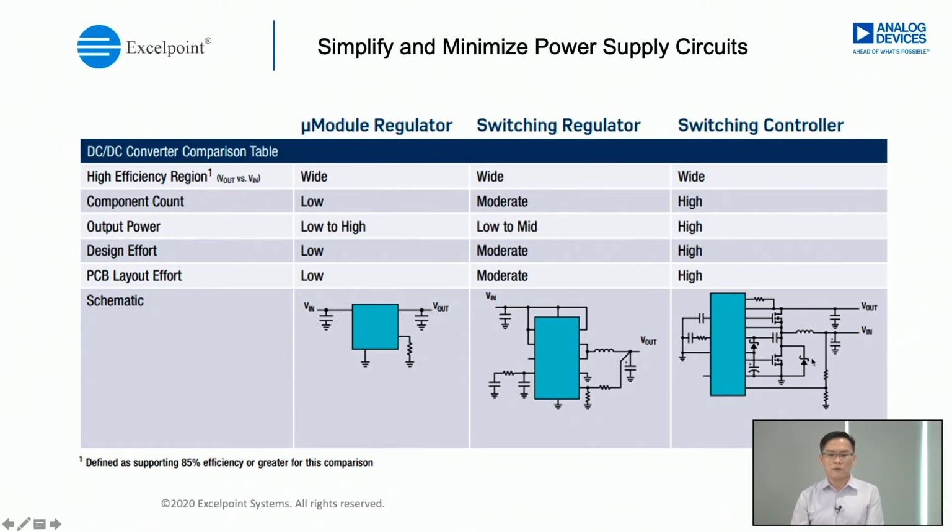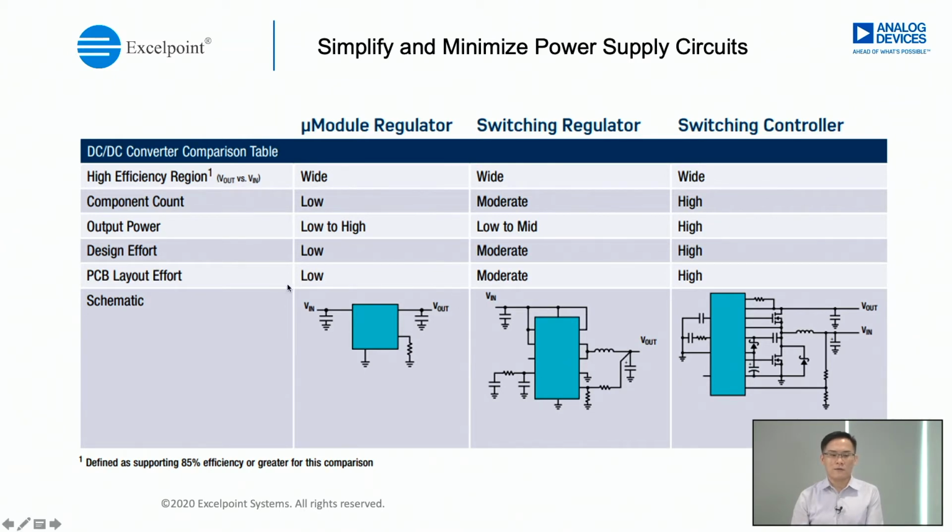As you compare to the switching controller, there is a lot of passive and active components outside, and the schematic design will be much more compressed. Because of this complexity, you will need a lot of time to design your schematic, and for your PCB layout, it's very compressed and there are a lot of considerations for you to consider.